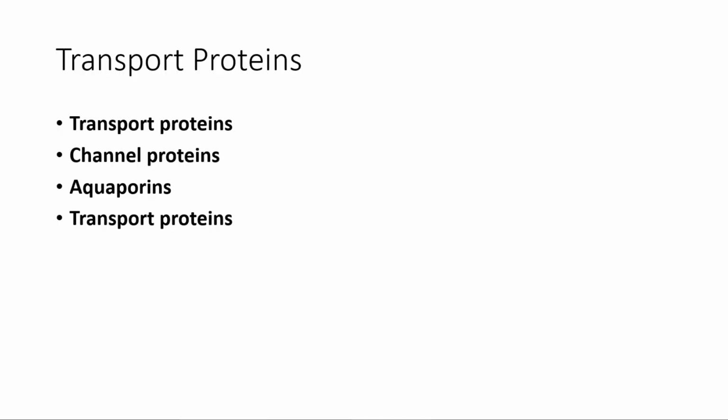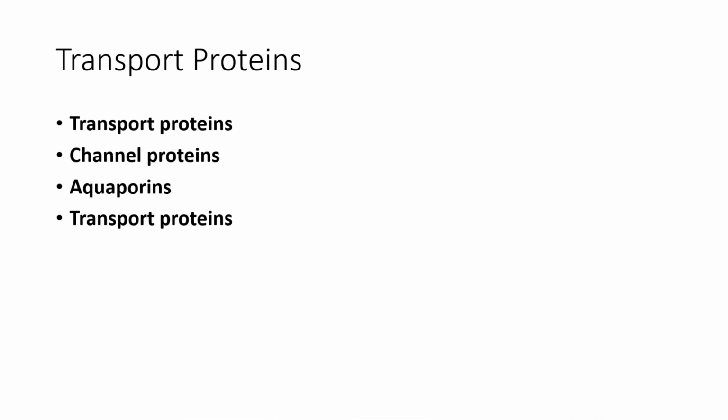So slide number 16 goes over transport proteins. As the name implies, transport proteins allow passage of substances across the membrane. However, what type of substances? This is the question. They allow hydrophilic substances passage across that membrane.